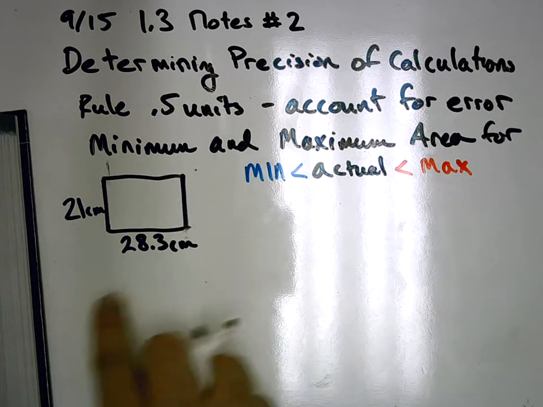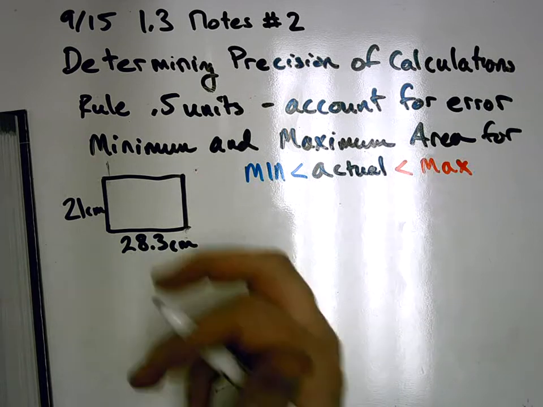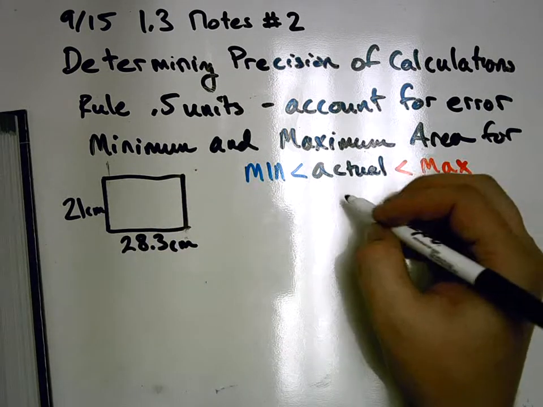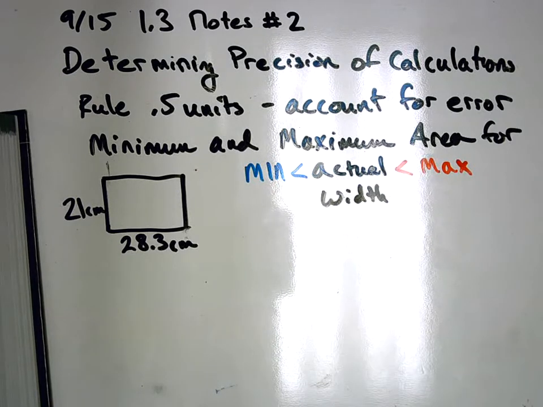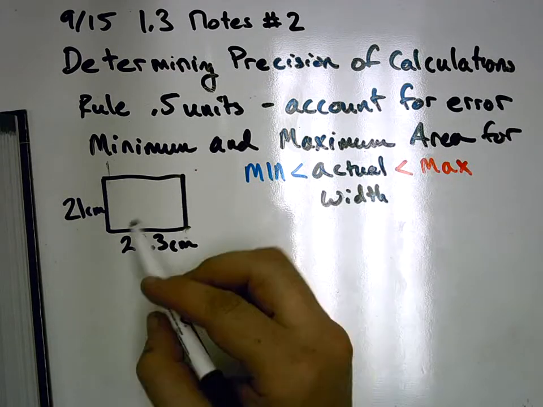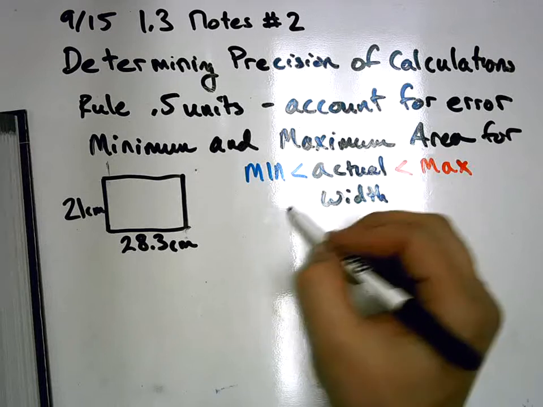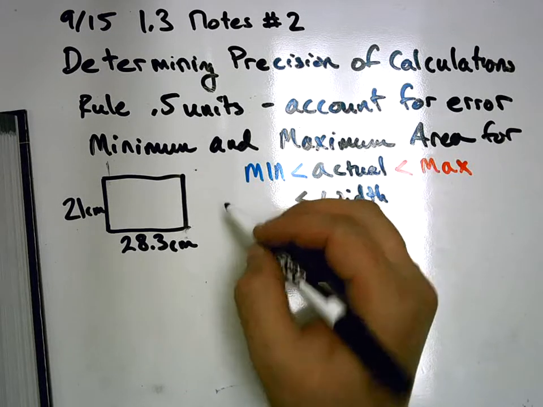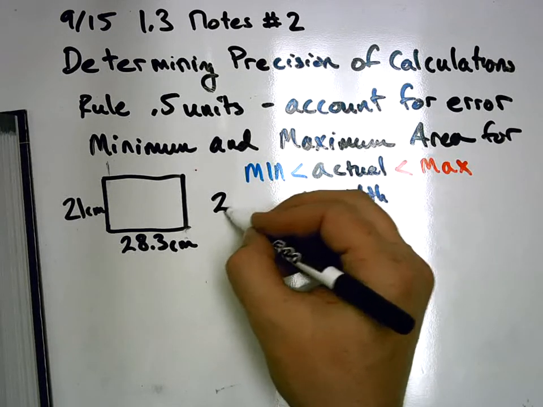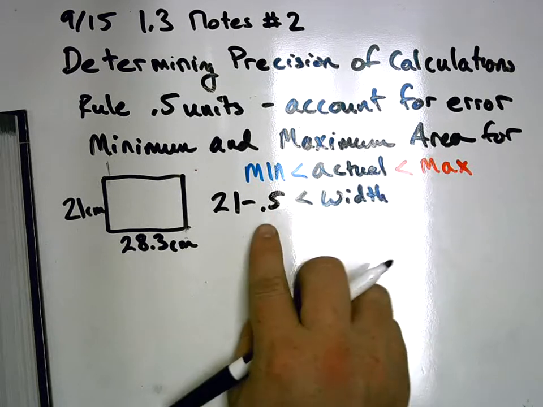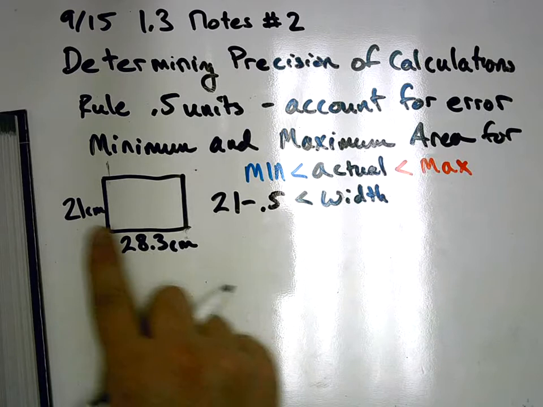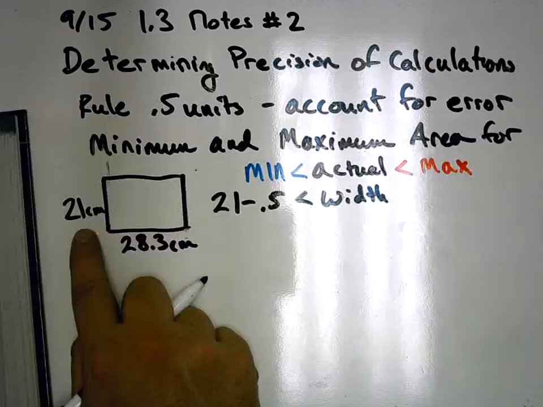So to find the minimum of anything, so let's say the width here, whatever unit you're talking about, it's going to be your original measured length minus 0.5 of the smallest unit. And here it's 0.5 because we didn't measure out to any decimal places.